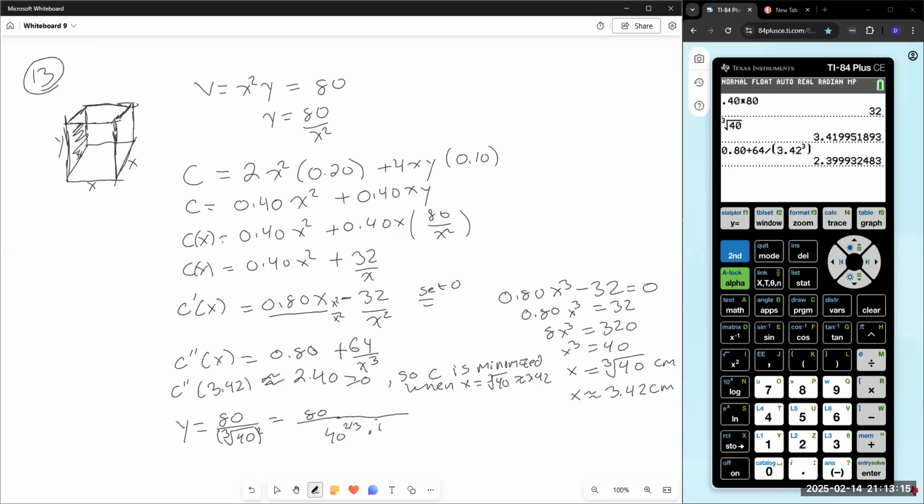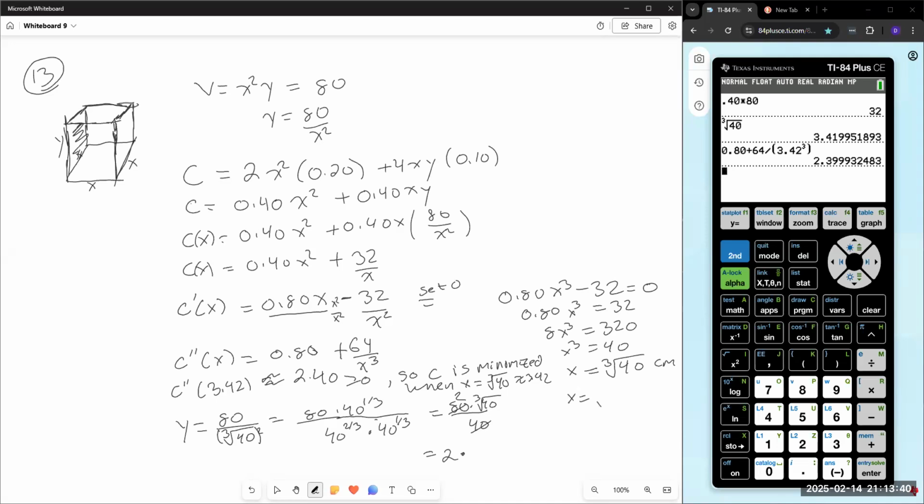Multiply that by 40 to the 1/3 power. 40 to the 1/3 power is going to make this 80 times the cube root of 40 over 40. 40 goes into 80 2 times, and let's come back here to the cube root of 40. I don't like this.